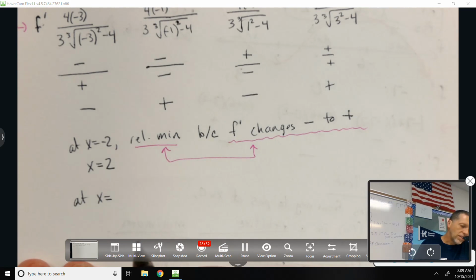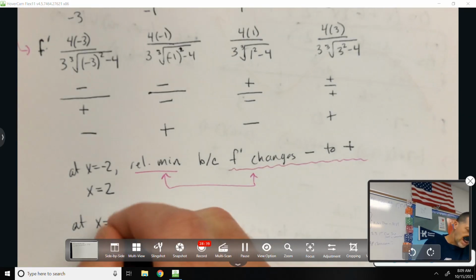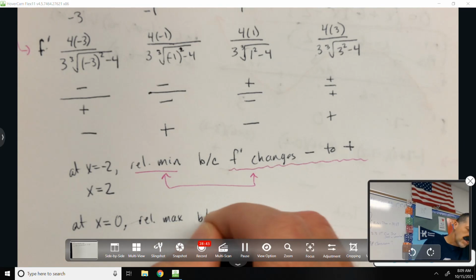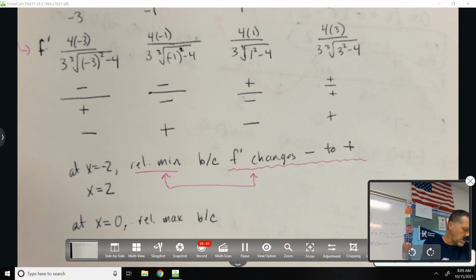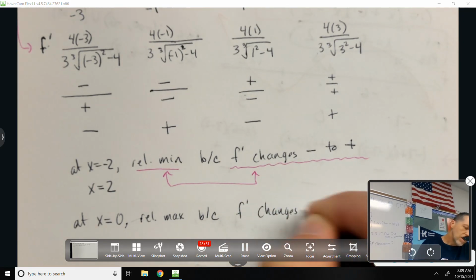Yep, you could. All right, do we have any relative maxes? At x equals 0, there's a relative max because, what's my reason going to be? f prime changes positive to negative.